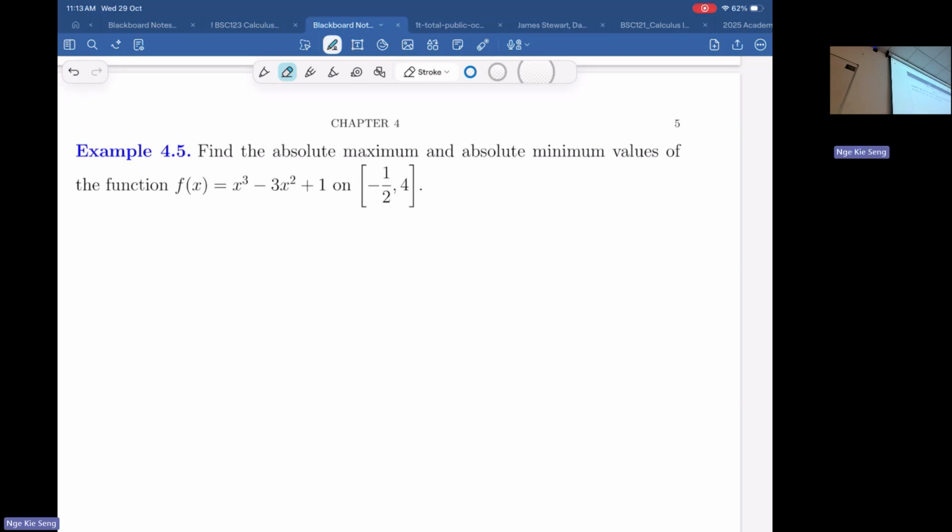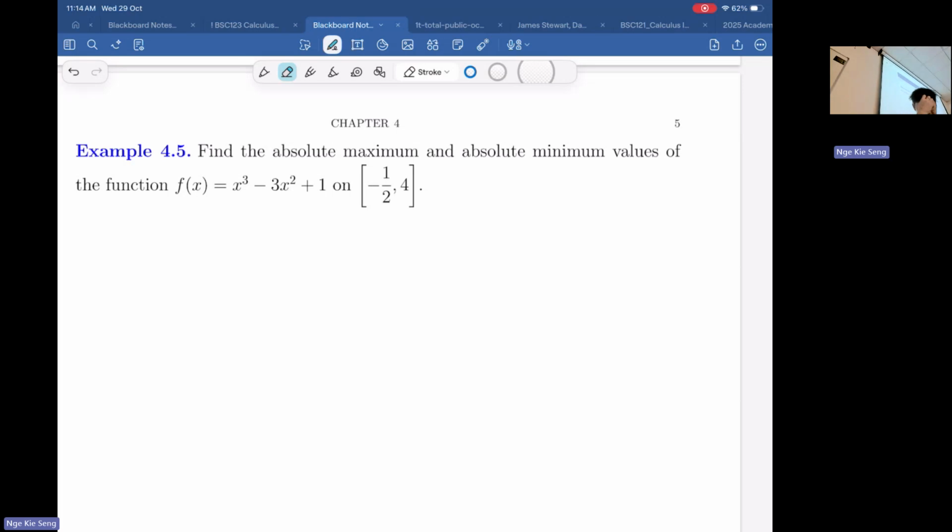For this class, it's maybe not very important to argue why they exist, as long as you find them. But at least keep in mind that a continuous function on a closed interval has an absolute maximum and absolute minimum value.